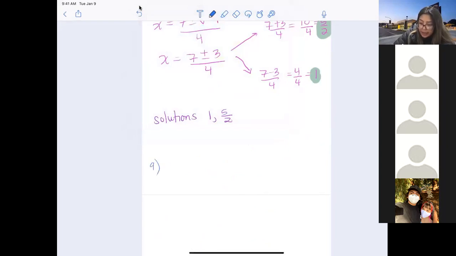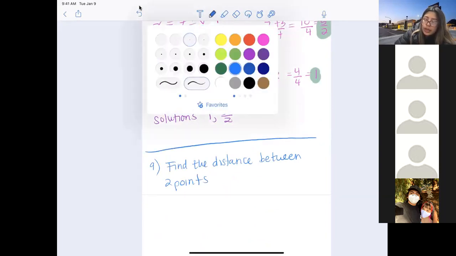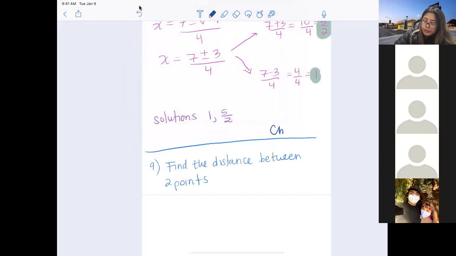Question number 9, they're asking you to find the distance between 2 points. The one that we just finished was chapter 1, sections 1-1 and 1-2.